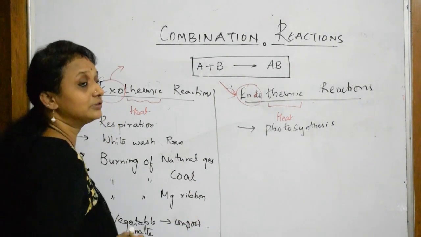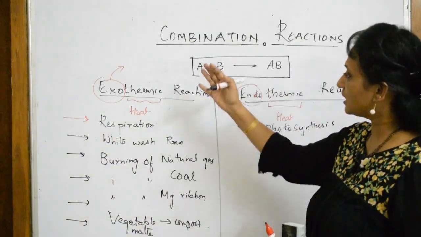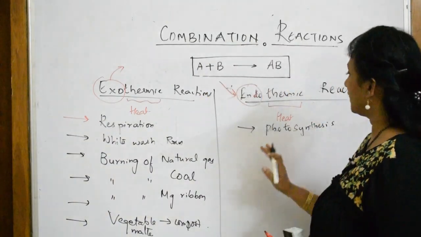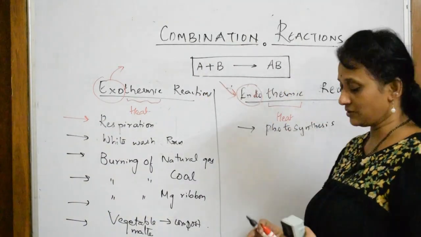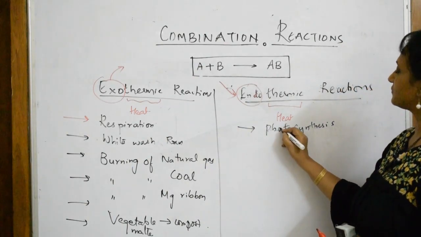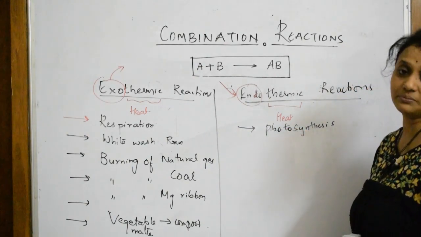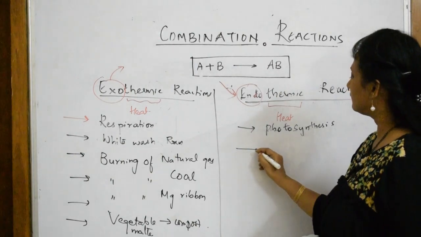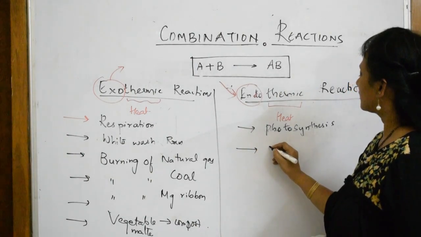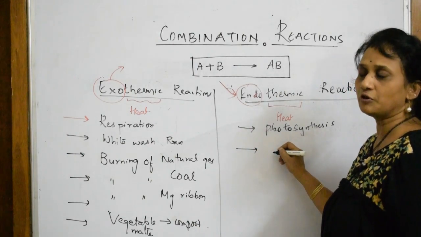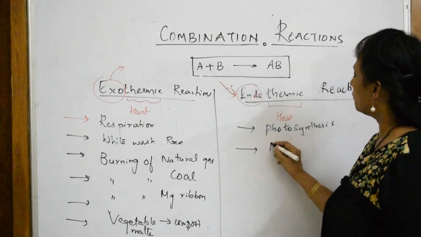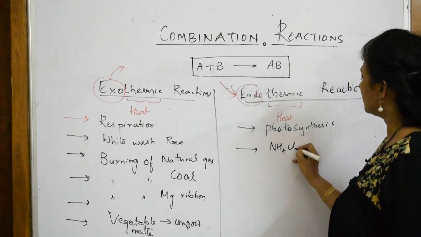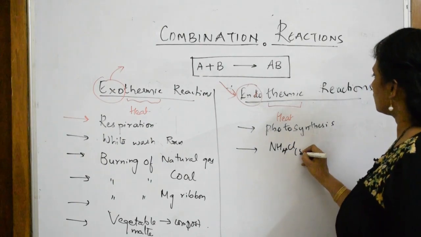I'll give you the reactions also. These all come under exothermic reactions. Now when we speak about endothermic reactions, photosynthesis is the first most important endothermic reaction. After this, we'll be studying about ammonium chloride solid.